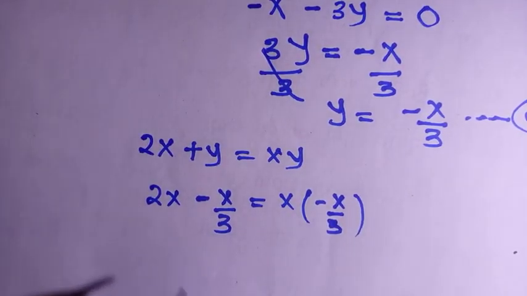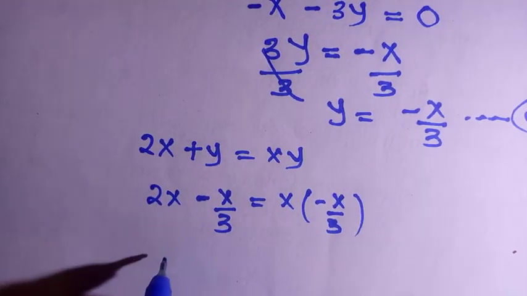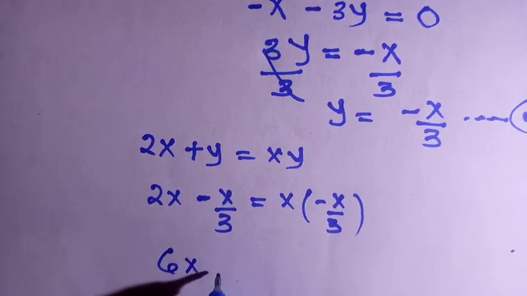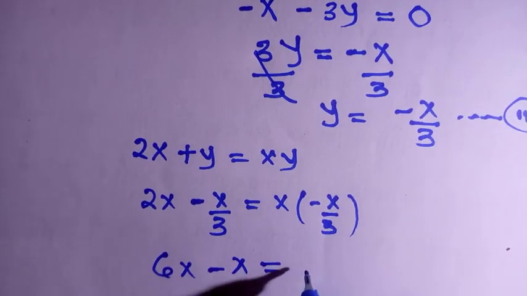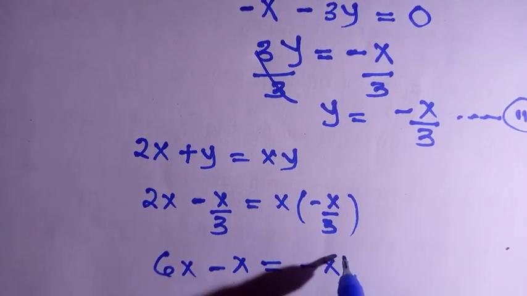To make this equation linear, we are going to multiply by 3 throughout. So here becomes 6x minus x equals negative x raised to the power of 2.